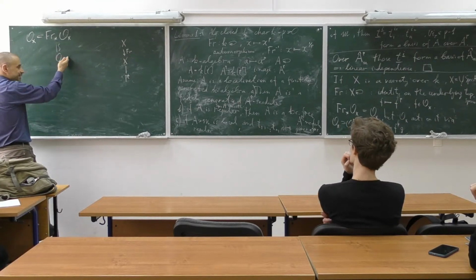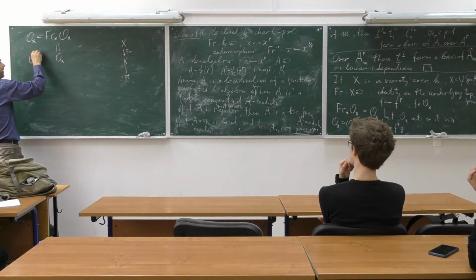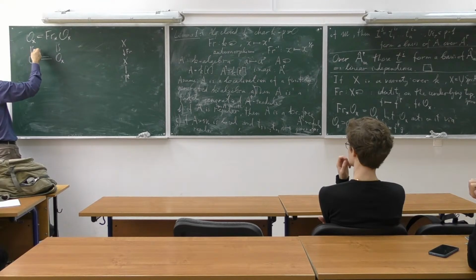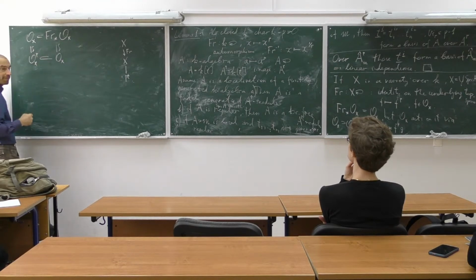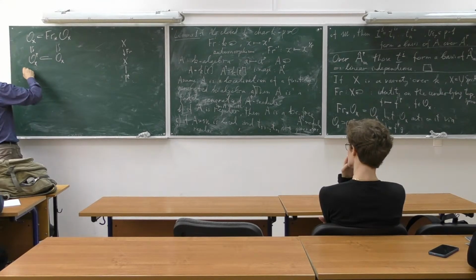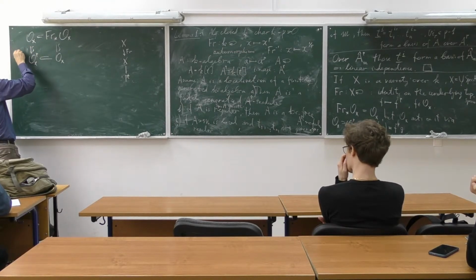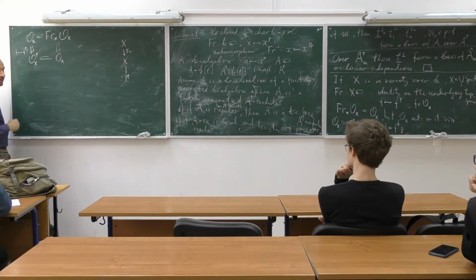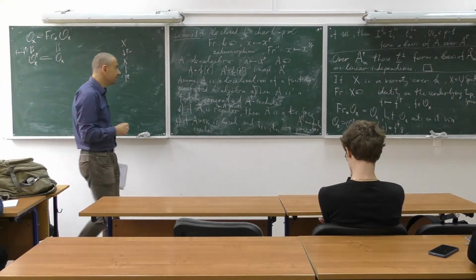So in a sense, this is isomorphic to OX. But under this isomorphism, this OX goes to OX to the power p. This isomorphism is just raising to p-th power. f goes to f to the power p, right? Okay.